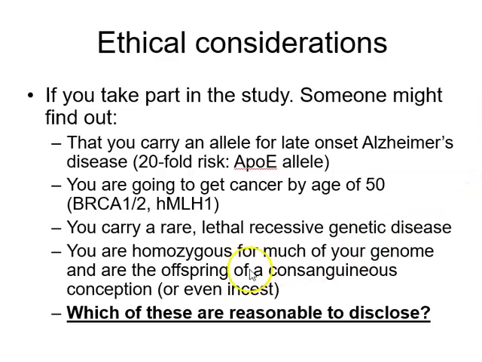But it could also flag up that you could be the offspring of an incestuous relationship. And if you are homozygous for a large proportion of your DNA, this could flag this up. Now the question is, what would you do with that data? Clinicians are going to obtain this data, and clinicians may well find out that a child is 25% homozygous, which strongly suggests that there's been an illegal incestuous conception there.